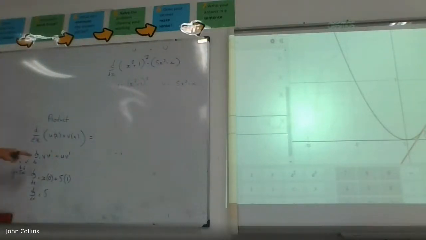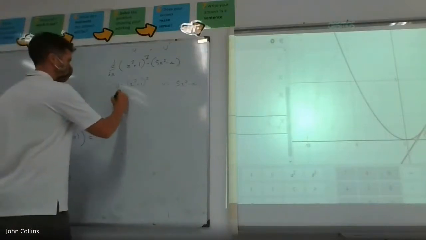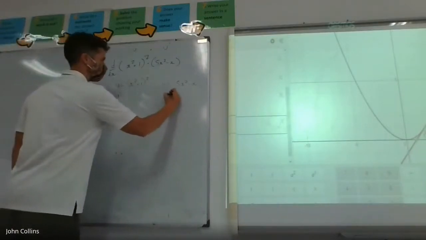Now that means I also need u dash and v dash. u dash is the first derivative, the derivative of u. And v dash is the derivative of v.